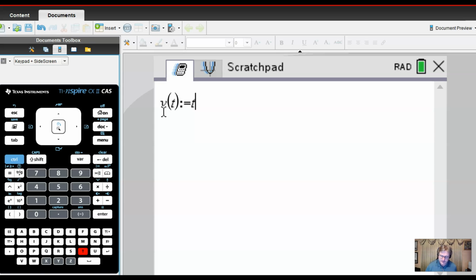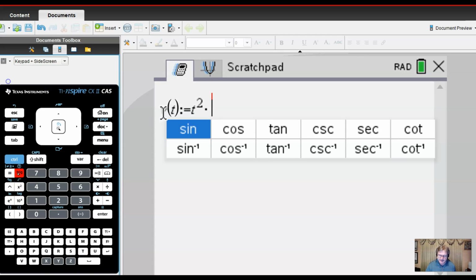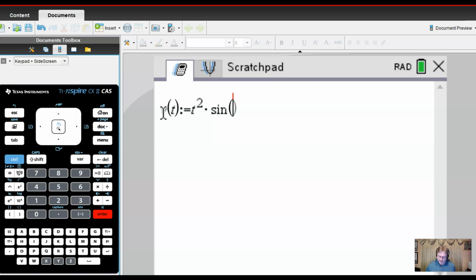And that equation is v(t) equals t squared. We multiply that by the sine of the quantity t to the third power, and we subtract 1.5t. And then once I hit enter, I'm going to get this word done, which means that that function v(t) is now stored into the calculator, which is pretty cool because we don't have to type it in anymore.